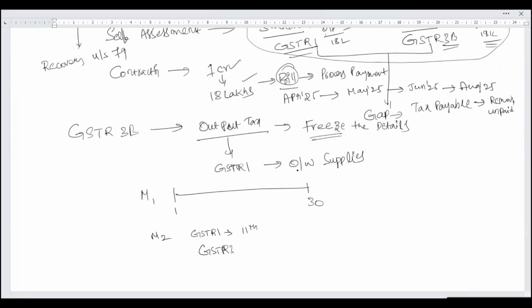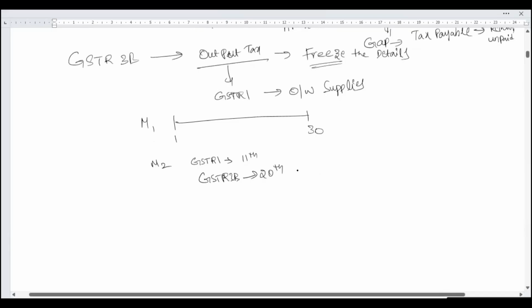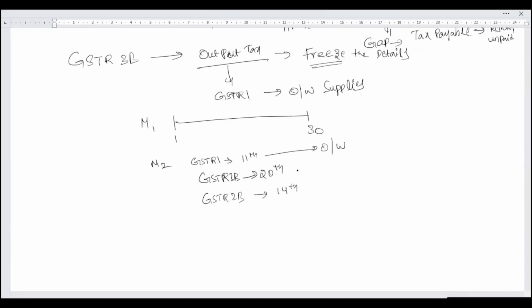GSTR3B has to be filed on the 20th. So what the government has made, they said that in between, on the 14th, your 2B is going to be available. So GSTR1 is your outward, GSTR2B is your inward. These two statements, they say, I'm going to do automation.